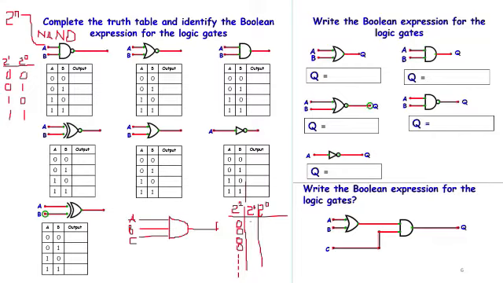Here, 2 raised to power 1 is 2, so I'm going to draw zeros and ones 2 times till I fill the column: 0, 0, 1, 1. Then here again I repeat 0, 0, 1, 1.